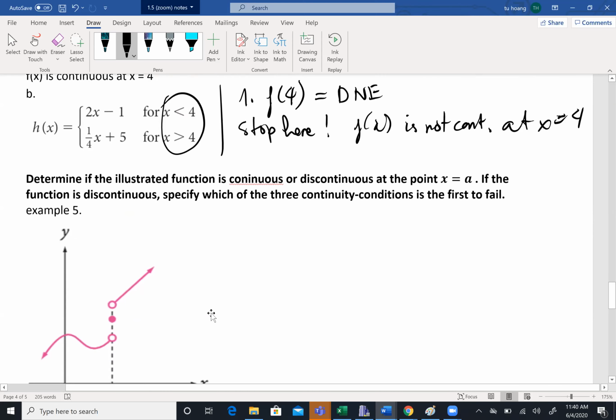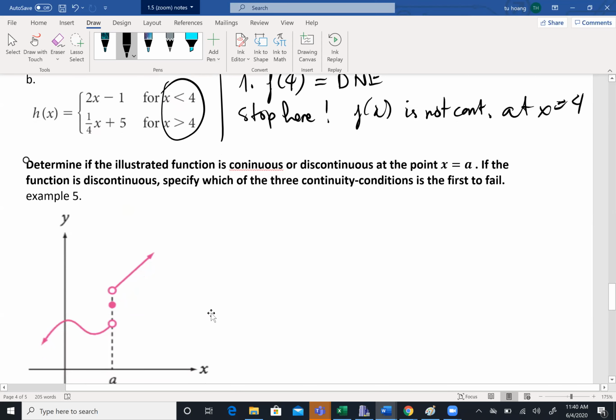So I will talk more about determining whether the illustrated function is continuous or discontinuous at the point x equal to a. If the function is discontinuous, specify which of the three conditions is the first to fail.